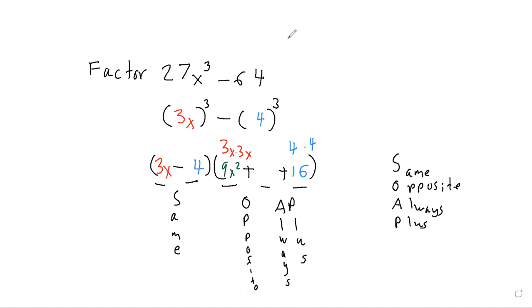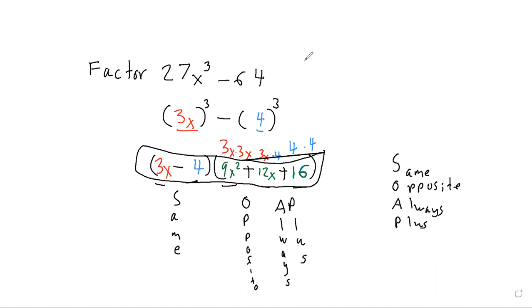And in the middle of the trinomial, we are going to take one of each. We are going to take a 3x times a 4, and 3x times 4 is 12x. So there you have it. We have factored the difference of cubes.